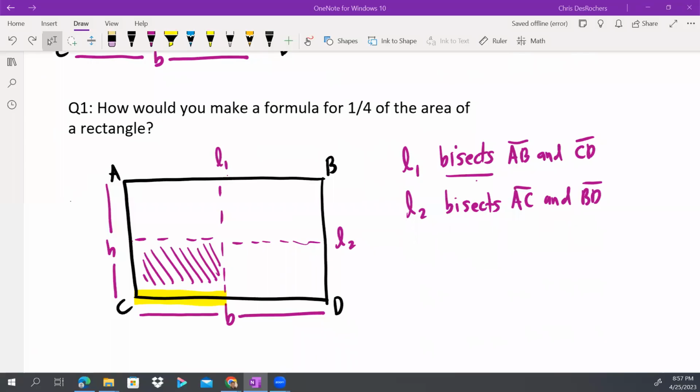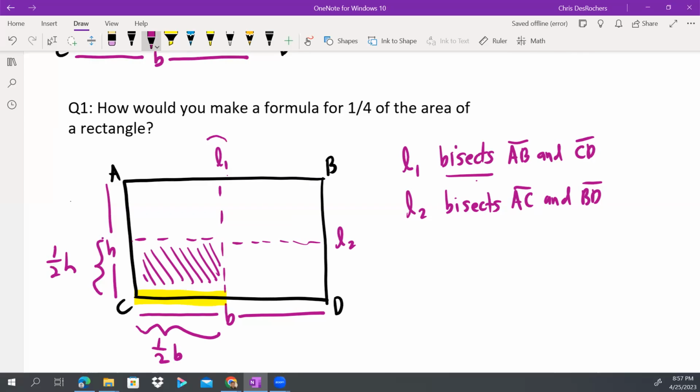Okay, this is one way you might show the process to make a formula for 1/4 of the area of a rectangle. Suppose you bisect the sides of the rectangle by a line L1 and a line L2. Then we have the lengths of the sides of this area right here to be 1/2 the height, and the base is going to be 1/2 the base.